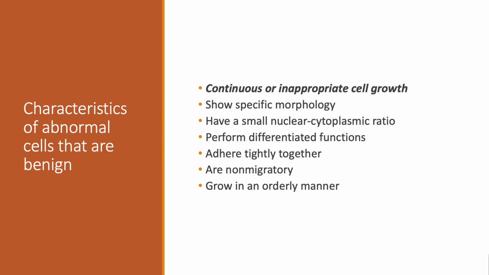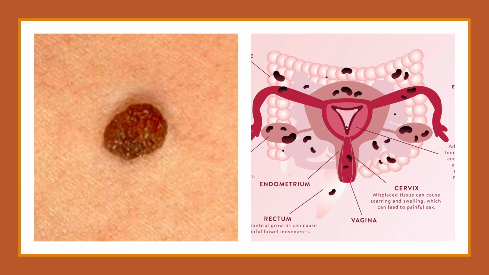They have a small nucleus to cytoplasmic ratio, just like normal cells. They still perform differentiated functions, and they're still held tightly together. They don't go where they're not supposed to go, and they grow in an orderly manner. The difference, I should say, is that they don't invade other tissue. They don't go where they're not supposed to go.